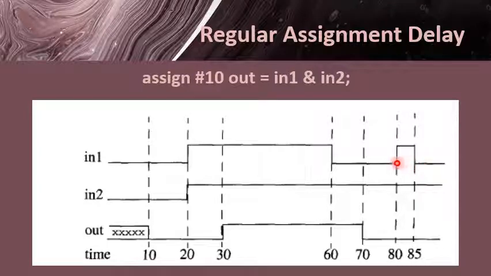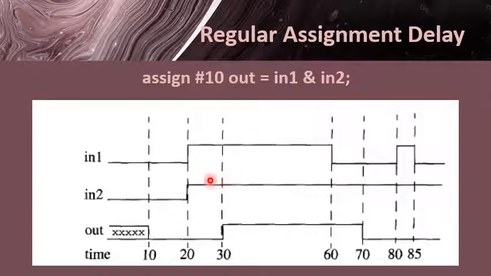So this pulse width, or the time duration for which that input was 1, is only 5 time units, which is less than the delay specified. So remember that whenever there is a change in the input signal, the expression will be computed only after the specified delay.